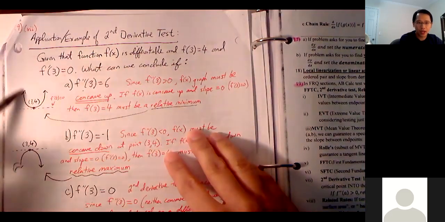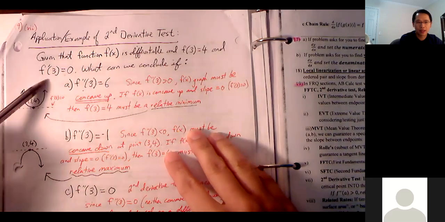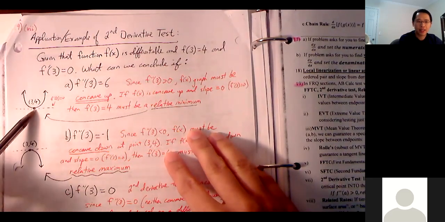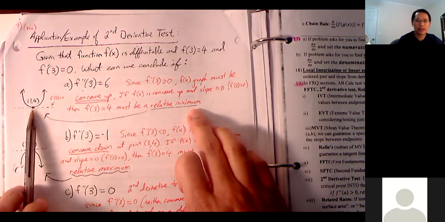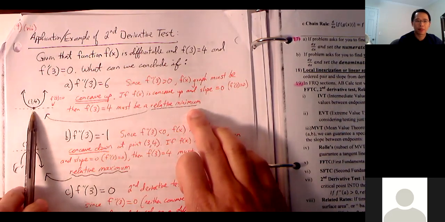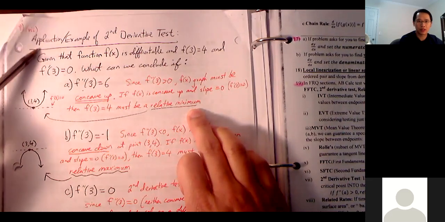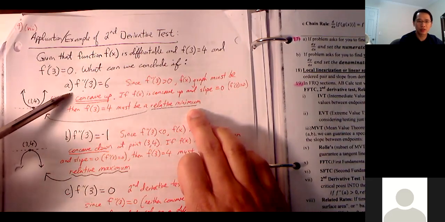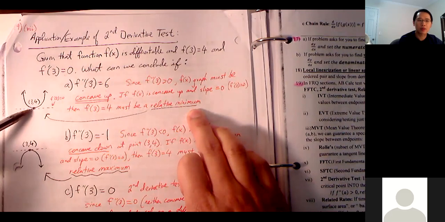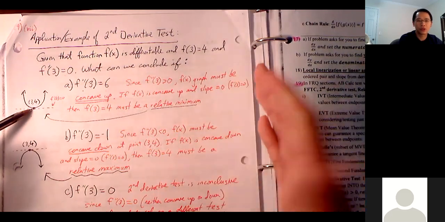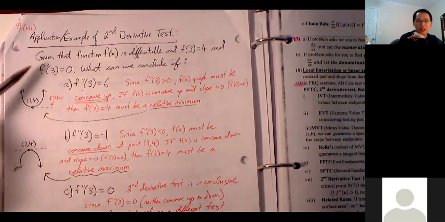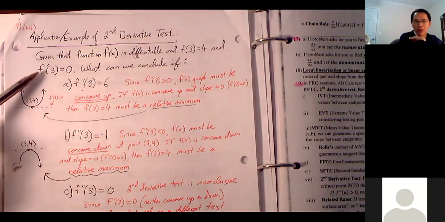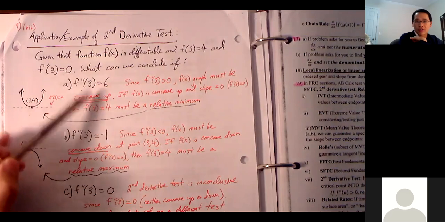If you can visualize what concave up looks like, and the fact that it's a slope 0, then we can conclude that there must be a relative min at x equals 3. So that's what the second derivative test is doing. It's using the second derivative function to determine the same thing that we would otherwise do with the first derivative test.